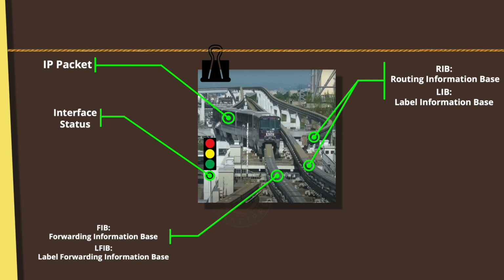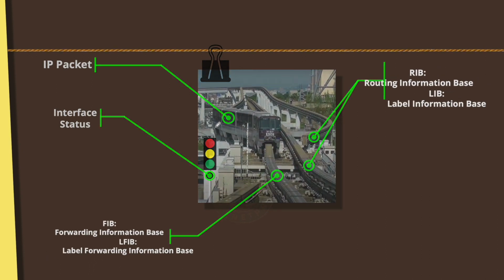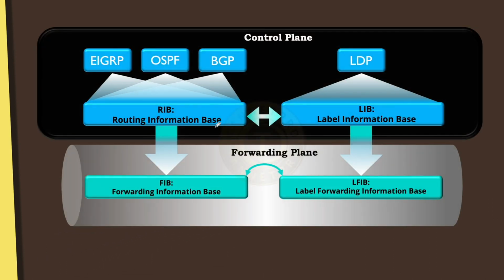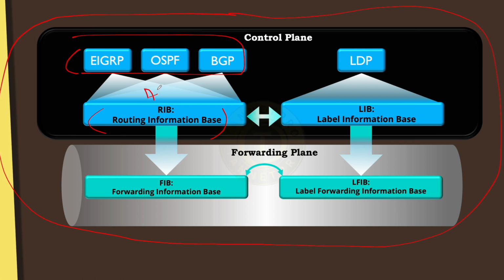Now, in the same way, let me explain in more depth. This is how the LSR maintains the routing and label tables. Just consider this whole as one LSR, wherein any routing protocol could run, which helps you build the RIB, the routing information base. Here is the AD, all right.